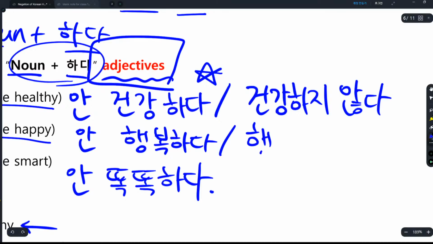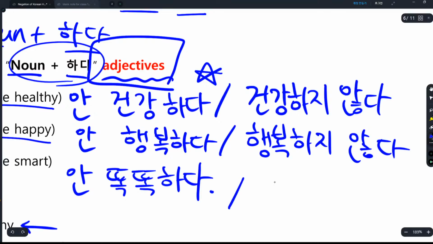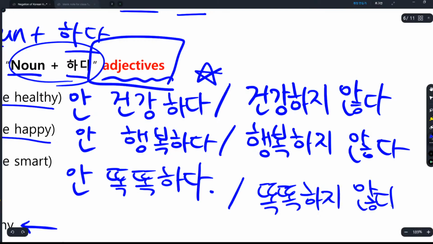And 행복하다, negation would also be 행복하지 않다. 똑똑하다, 안 똑똑하다 or 똑똑하지 않다. So what I really like about 지 않다 is that it's always so consistent. Consistency is really an admirable value.